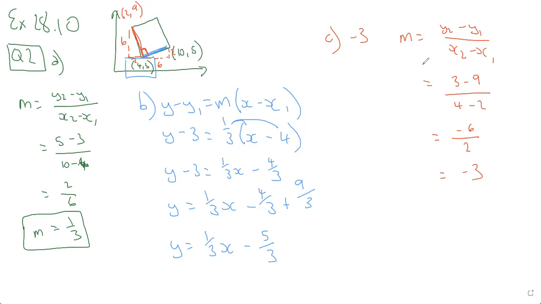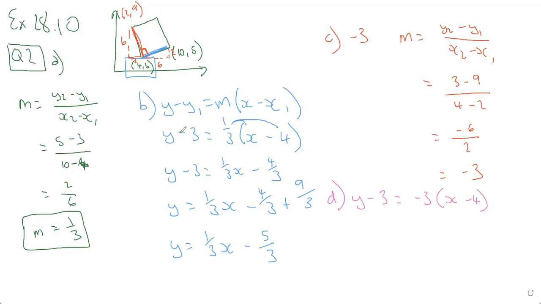And then D asks me to find an equation. So let's do that as well. So part D, I'm going to use this again, y minus y1. I can pick either one of these. It doesn't matter. I'm going to pick the same point because why not? So y minus y1 equals m, which this time is -3, (x minus x1).